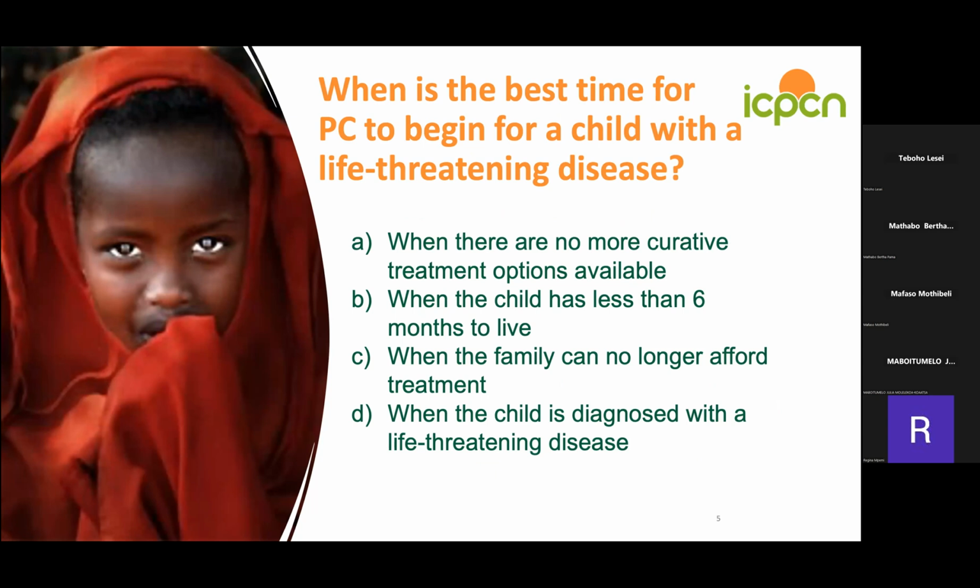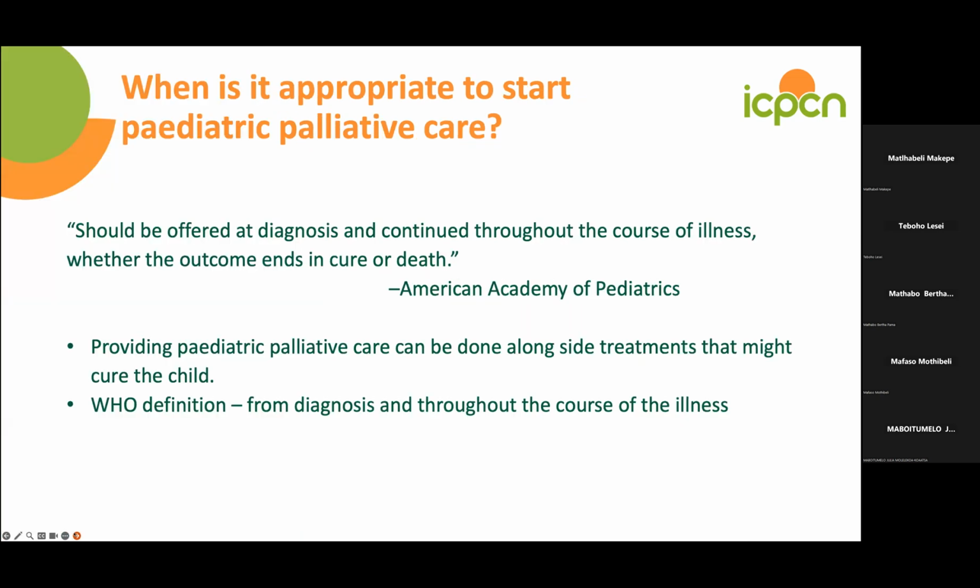We don't want to see children and their families just a few days before they die. We want to be able to have an impact on their care before that. So as soon as it is evident that a child has a life-limiting or life-threatening condition, we want to be beginning to provide palliative care.